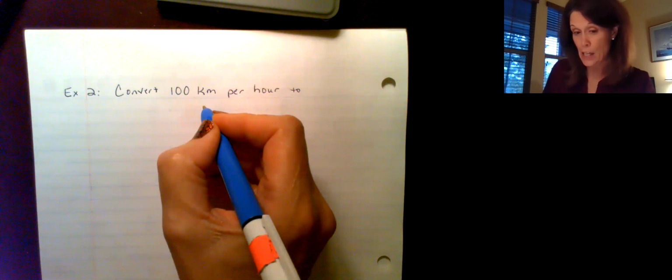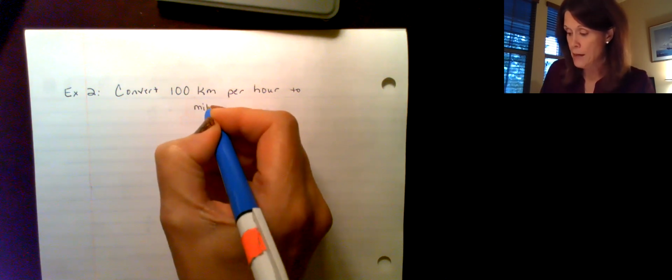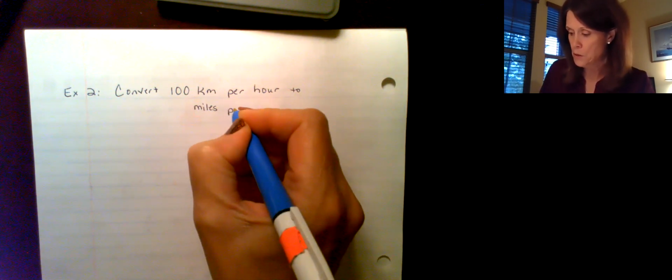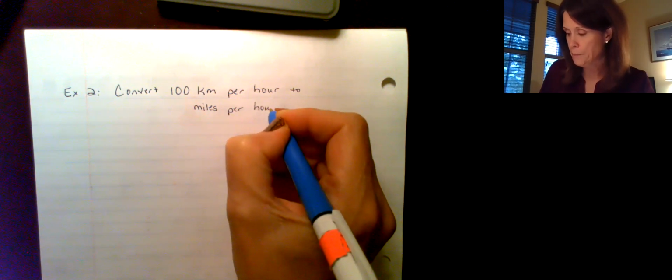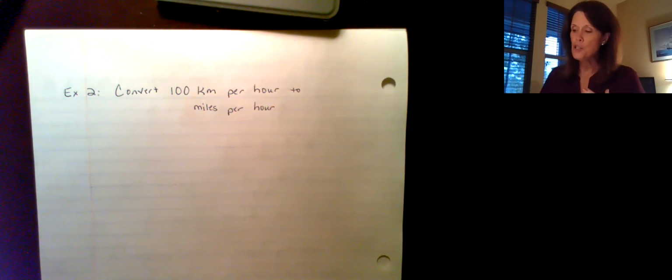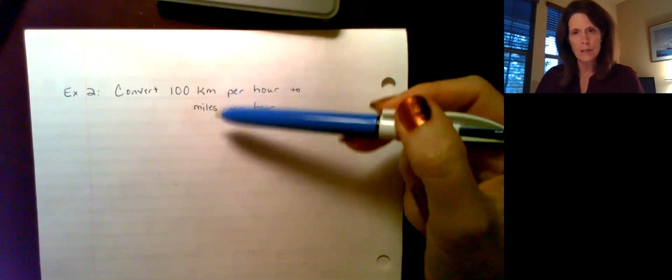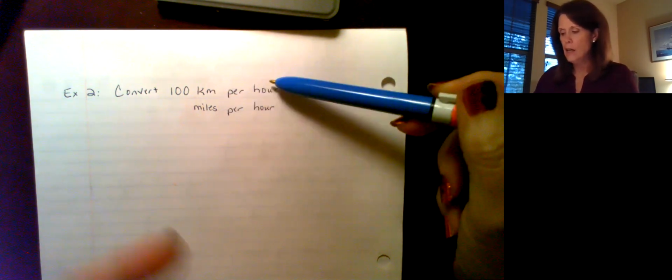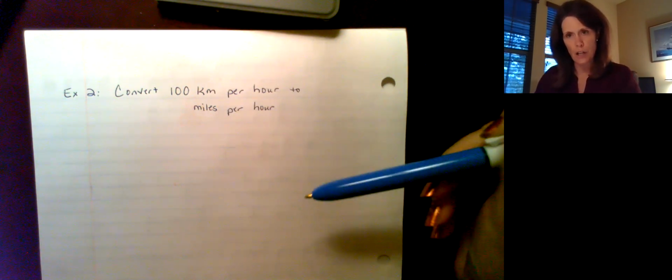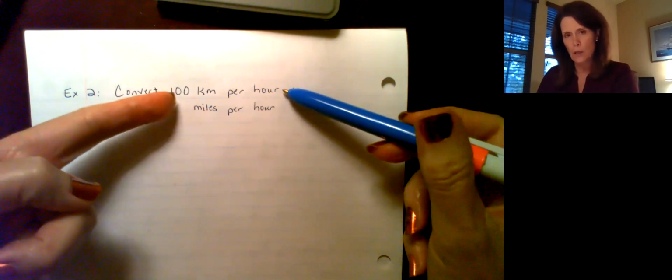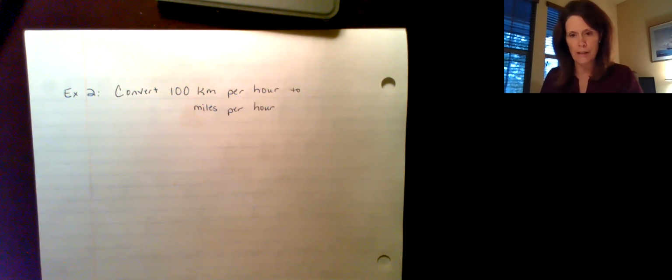This is just a strategy. Miles per hour. So strategy, because then I'm putting the distance, which is in the numerator, and hour, the time, which is in the denominator, kind of lining up, seeing what I'm moving from and to, all right?